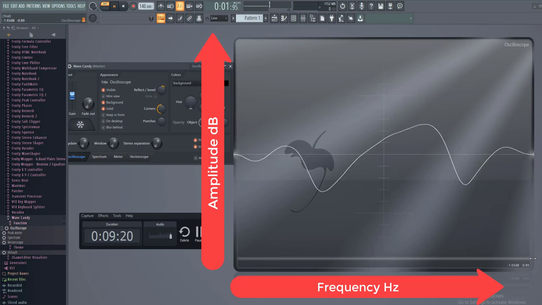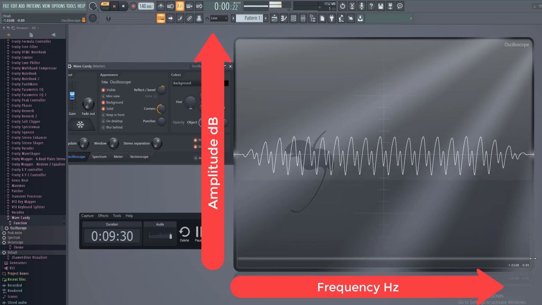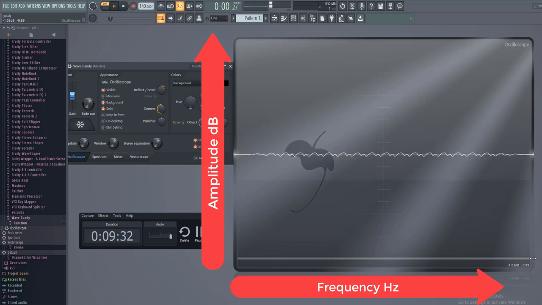Not the actual number, but I'm sure you can tell this is fewer in comparison with this one. Few cycles per second, many cycles per second. Low frequency, high frequency. Bass, treble.